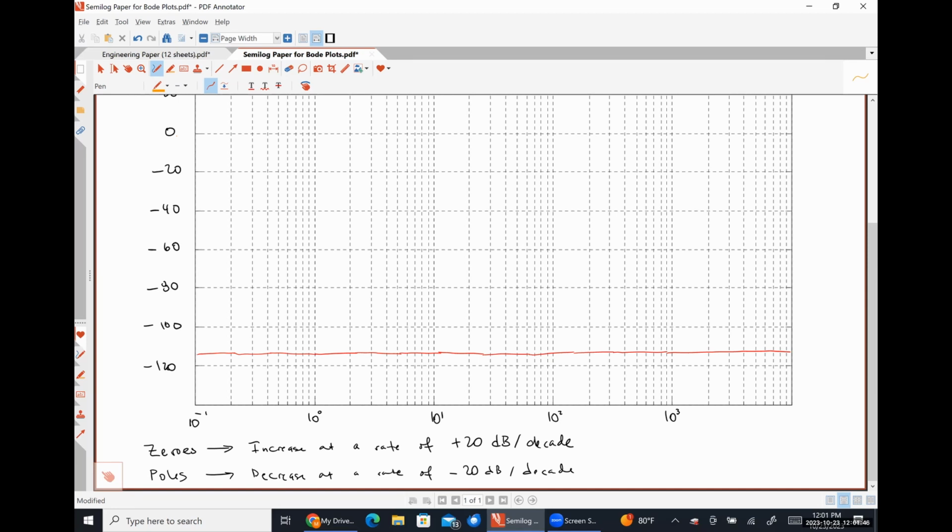So if we started at negative 112, we should be about here. That's 20 decibels. Actually, no, that would be 40 dB, right? So in 1 decade, we have increased by 40 decibels. So that is the rate at which things should be going.